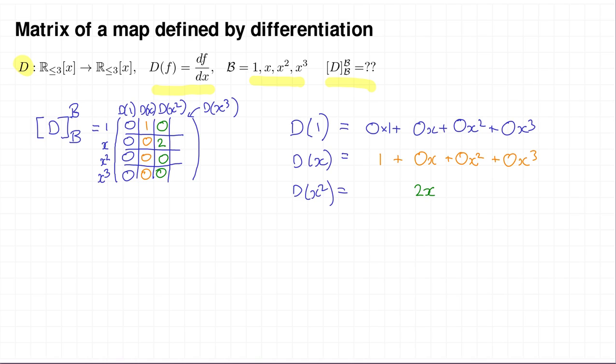And finally, D of x cubed will be equal to 3x squared, so my final column should record that. So I have 0, 0, 3, 0. Okay, there is the matrix for the linear map D with respect to initial basis B and final basis B.